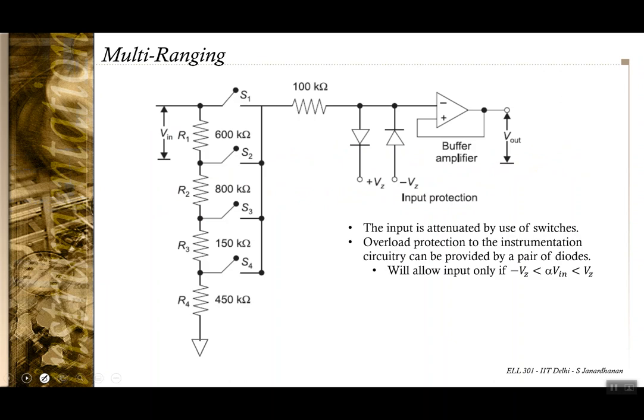One is the multi-range feature, which is also possible in analog meters. The circuitry is quite simple.